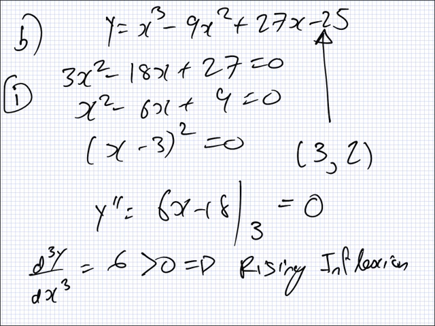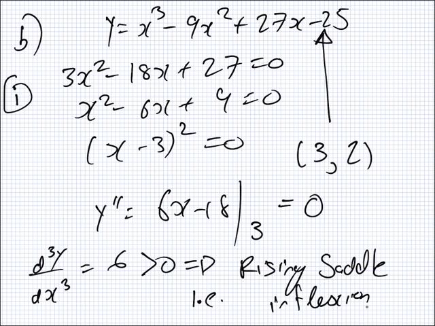Yeah, that saddle is the same as inflection here, isn't it? Rising saddle, i.e., that's an inflection point. I think a lot of you calculated the third derivative here. Not all of you, perhaps.